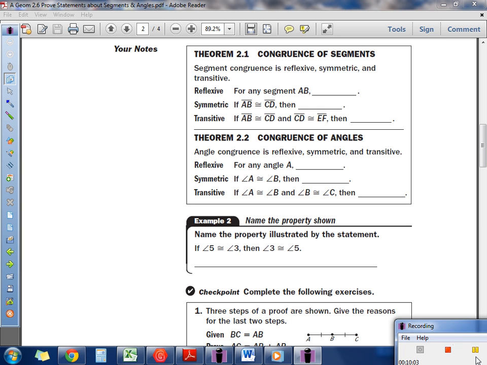Fill in all those blanks in that box. This shouldn't be hard. Don't be changing the order, and you dropped a lot of angle symbols and segment symbols up here.